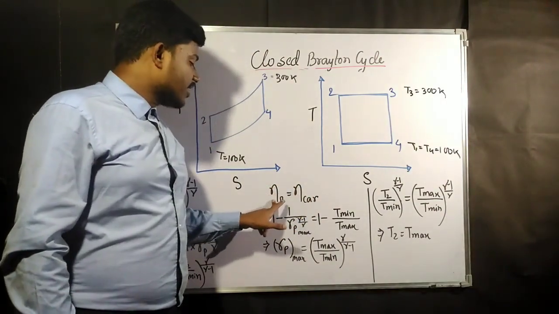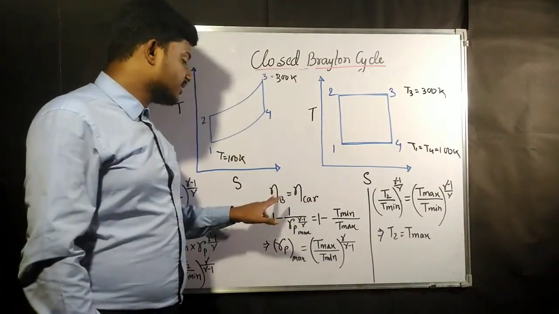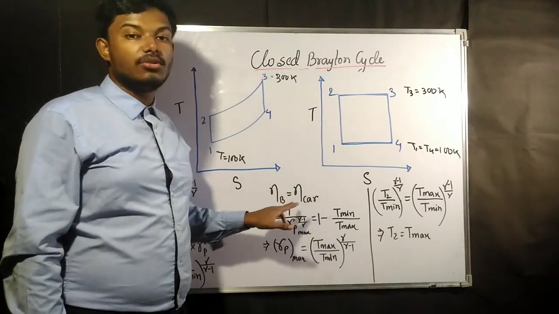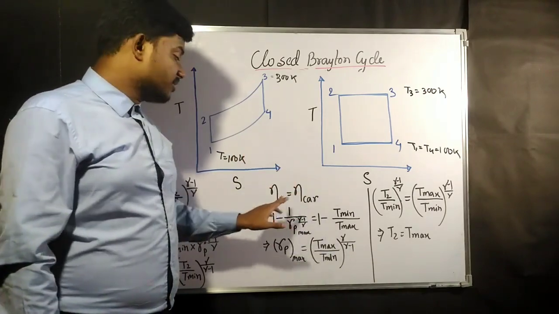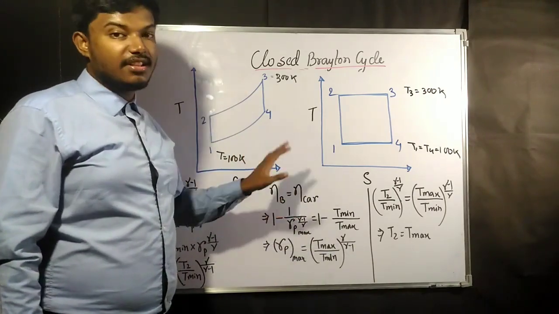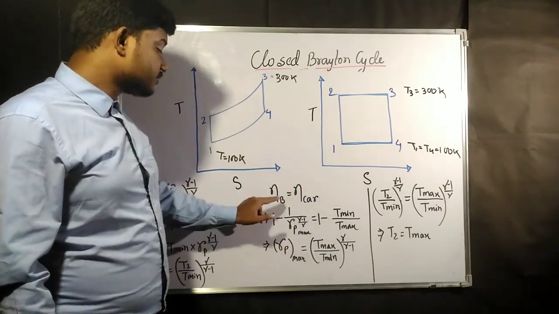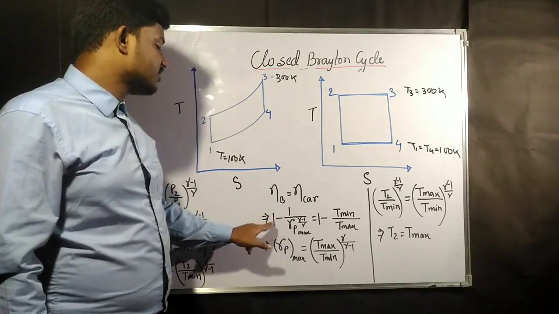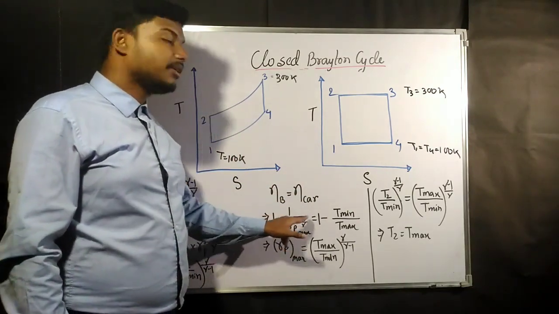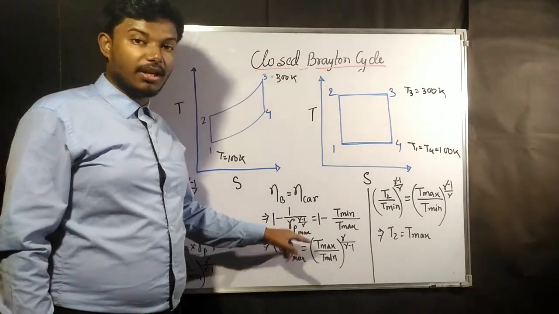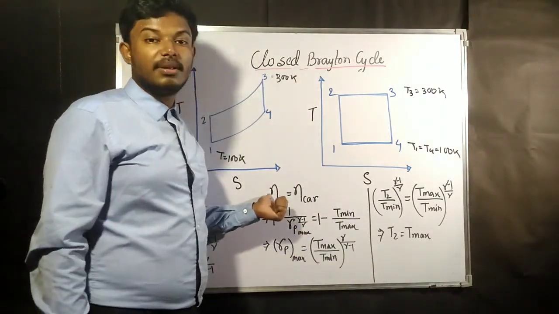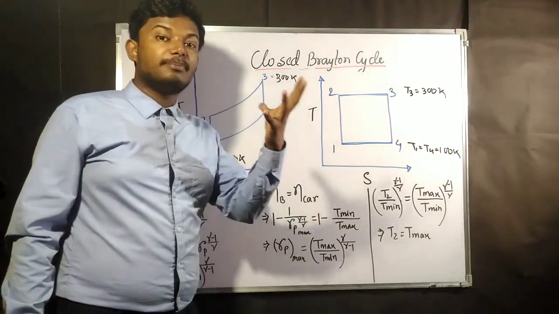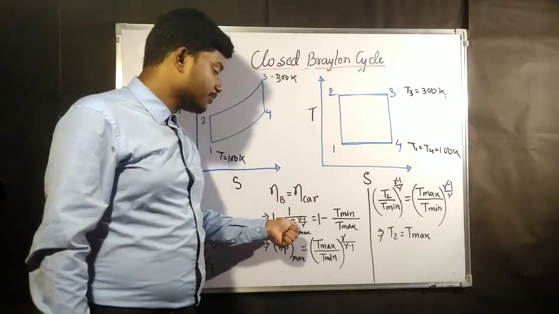Let us for a moment consider that Carnot cycle efficiency is equal to Brayton cycle efficiency, that is, for the highest efficiency of the Brayton cycle. Now we know that Brayton cycle efficiency is 1 minus 1 by Rp, and Rp max must be there, because if Rp is maximum, then efficiency is going to have the maximum value. It depends upon the pressure ratio.